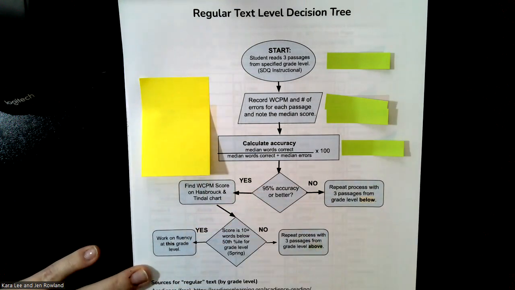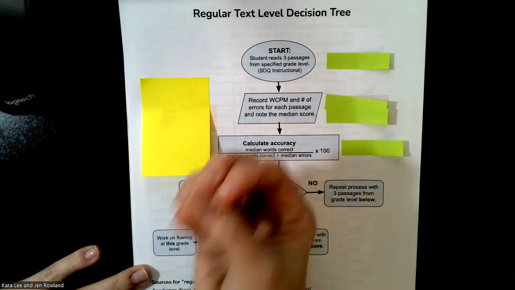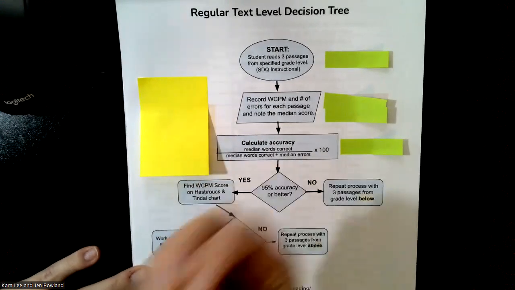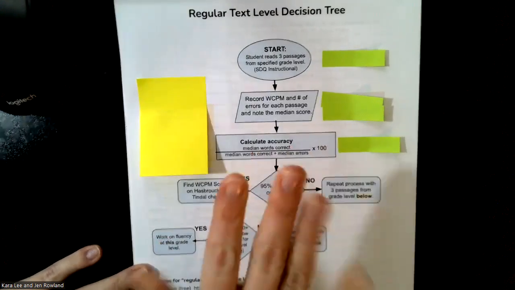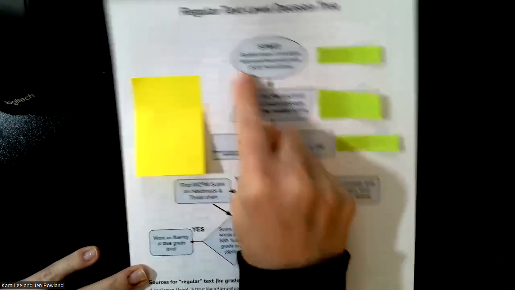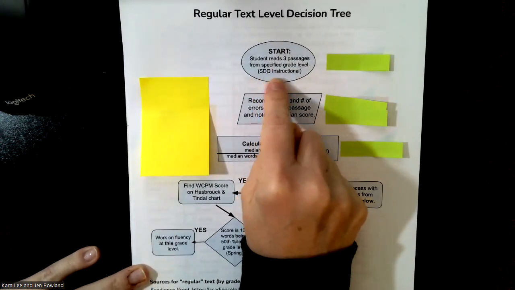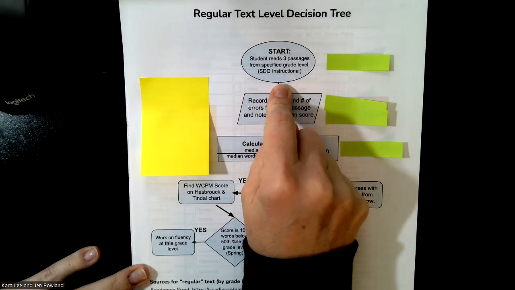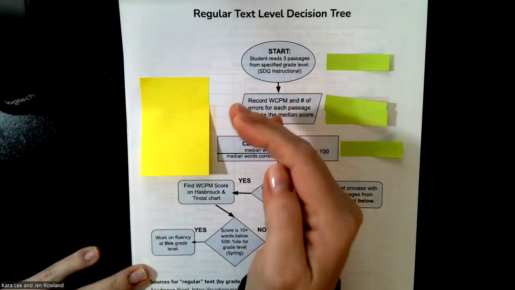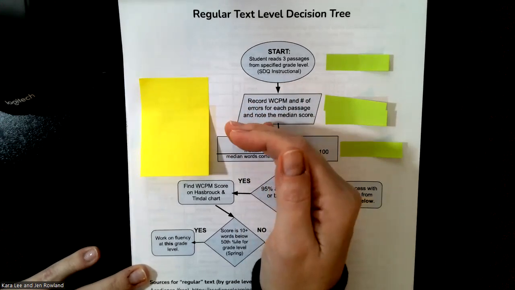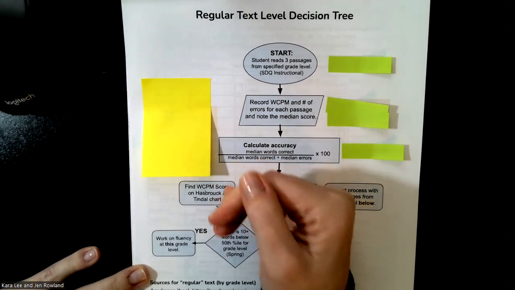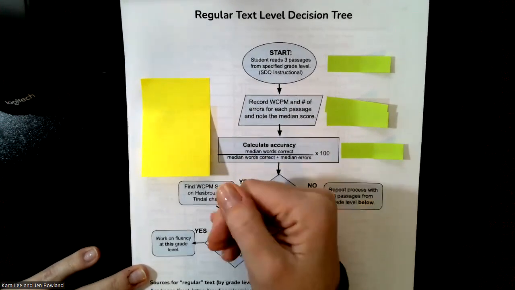We're just trying to guess as best we can what grade level they are probably functioning at in terms of working on fluency. So we do that by doing the San Diego Quick. Literally, the only reason for the San Diego Quick is to give us an idea of what level to start at when we're trying to find an oral reading fluency regular text grade level.